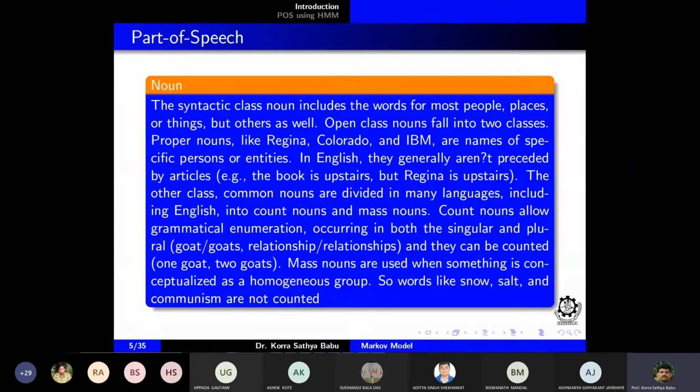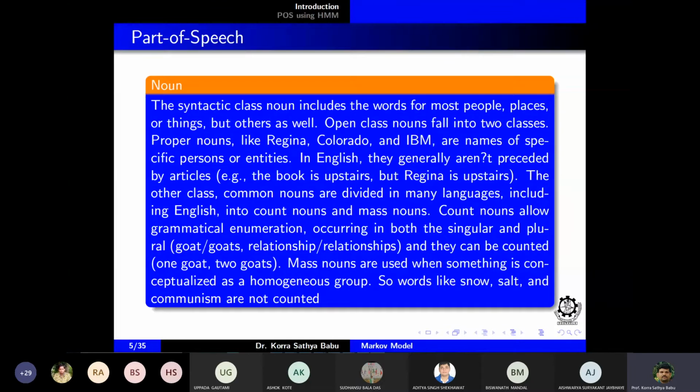Count nouns allow grammatical enumeration, occurring in both the singular and plural, like goat, goats, relationship, relationships. And they can be counted, like one goat, two goats, ten goats.